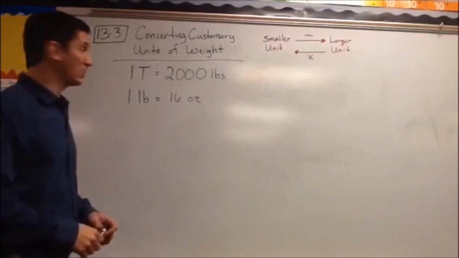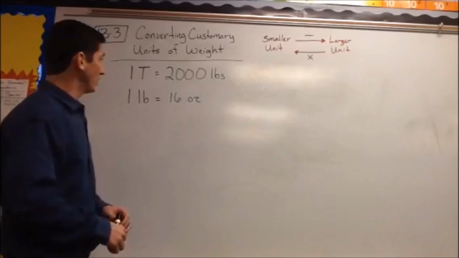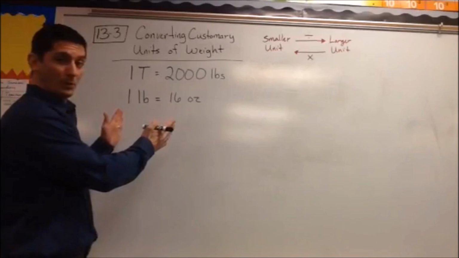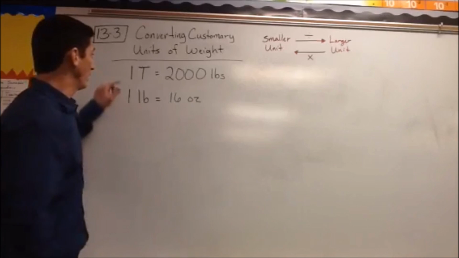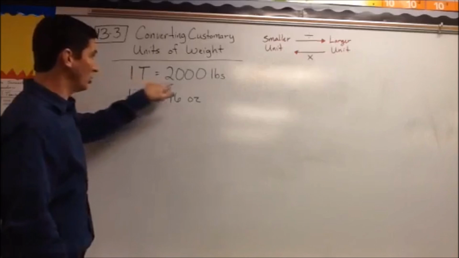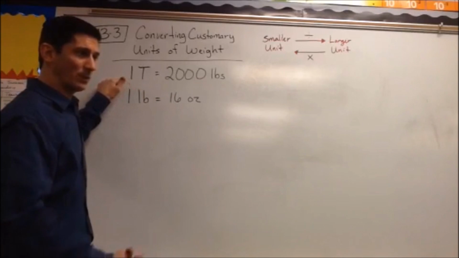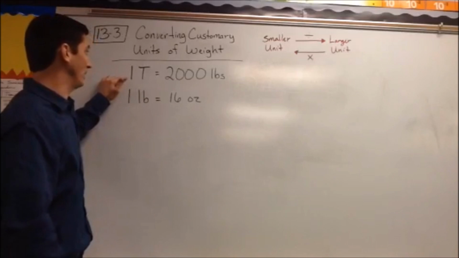All right, this is lesson 13.3, converting customary units of weight. So we always have to start with what our units are. 1 ton is pretty stinking heavy. It's 2,000 pounds. That's quite a bit. A full-size elephant's roughly 5 tons.